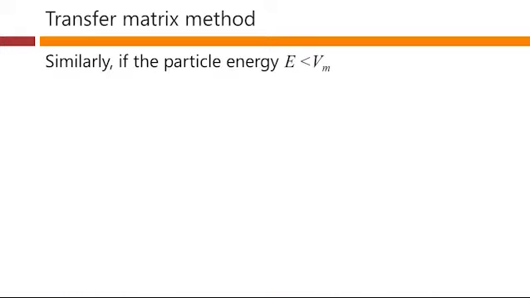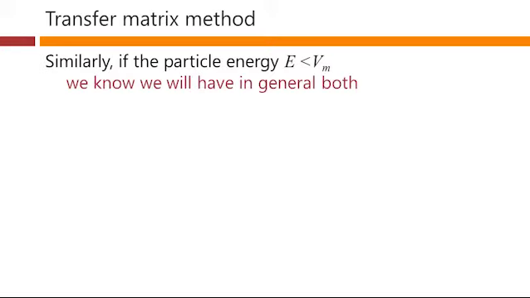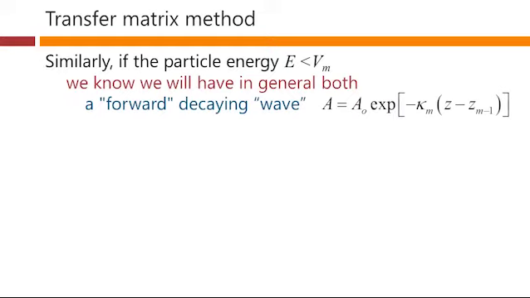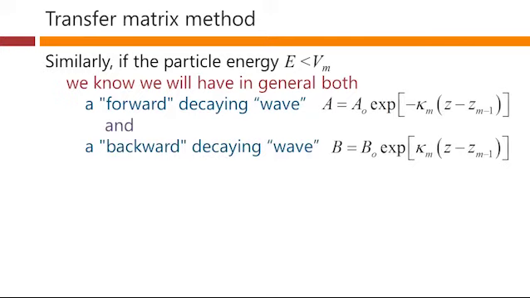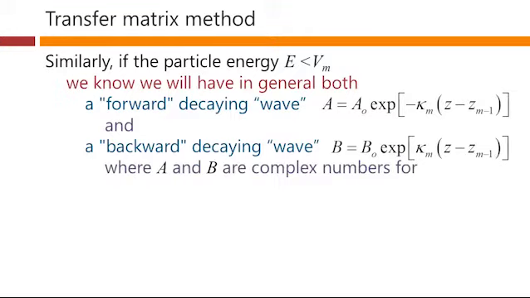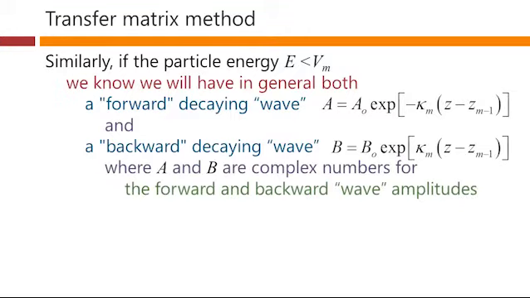If the particle energy E is less than Vm, we know we will have, in general, both a forward decaying wave, so that's a wave doing this kind of thing, and a backward decaying wave, which is a wave doing this kind of thing, or technically it's growing in the forward direction mathematically. And again, A and B are complex numbers for these forward and backward wave amplitudes.